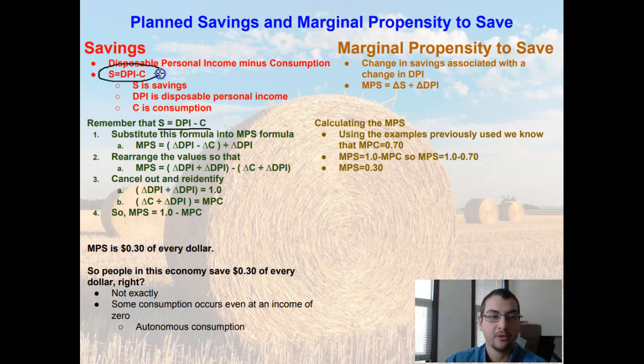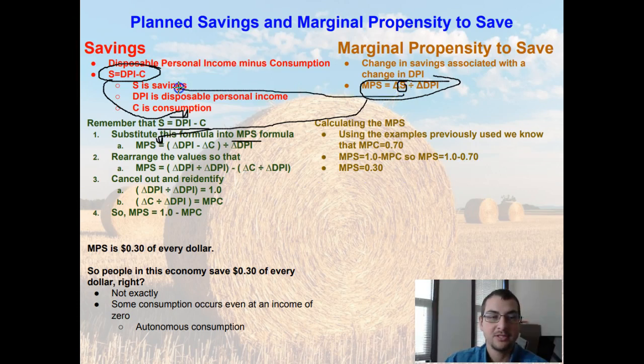It's that little formula right there. We're bringing it right down into here. So we're going to substitute this into the marginal propensity to save formula, plugging it in right where that S is.